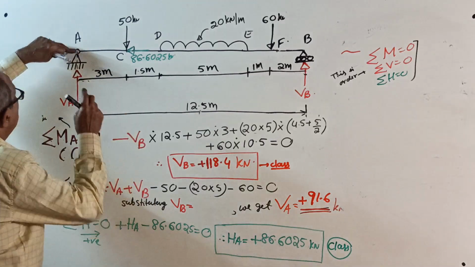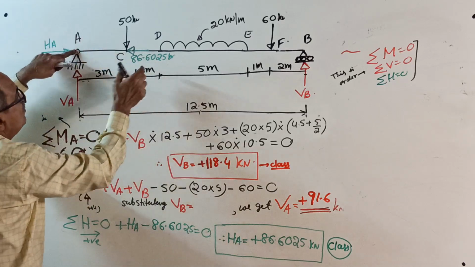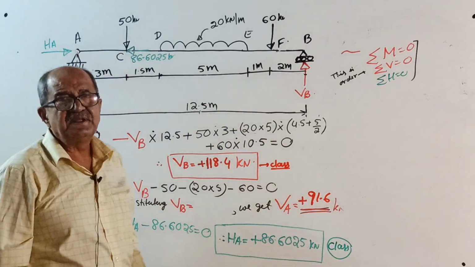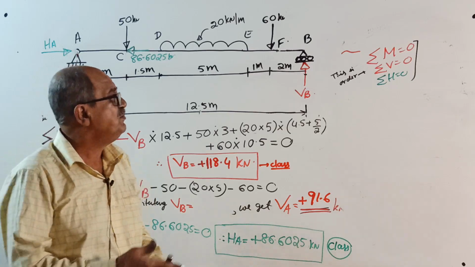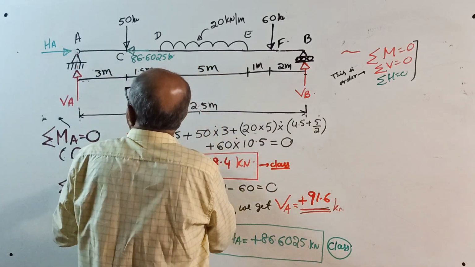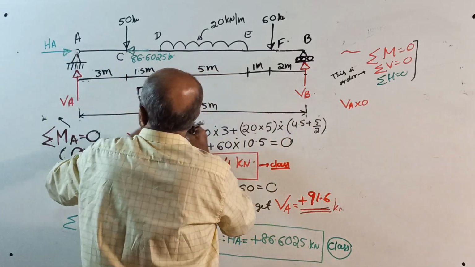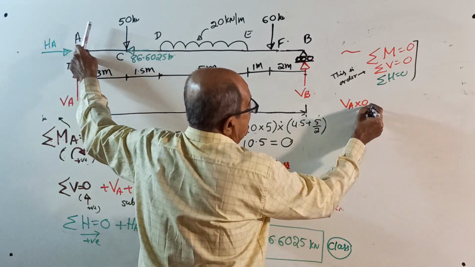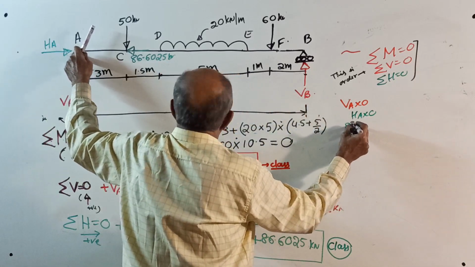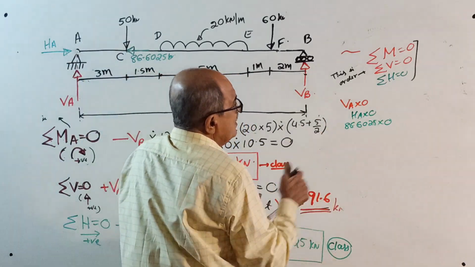Now, when you take moment about A, VA into 0, HA into 0, 86.6025 also into 0. Usually it is customary not to write zeros. These are not required. You can skip that.